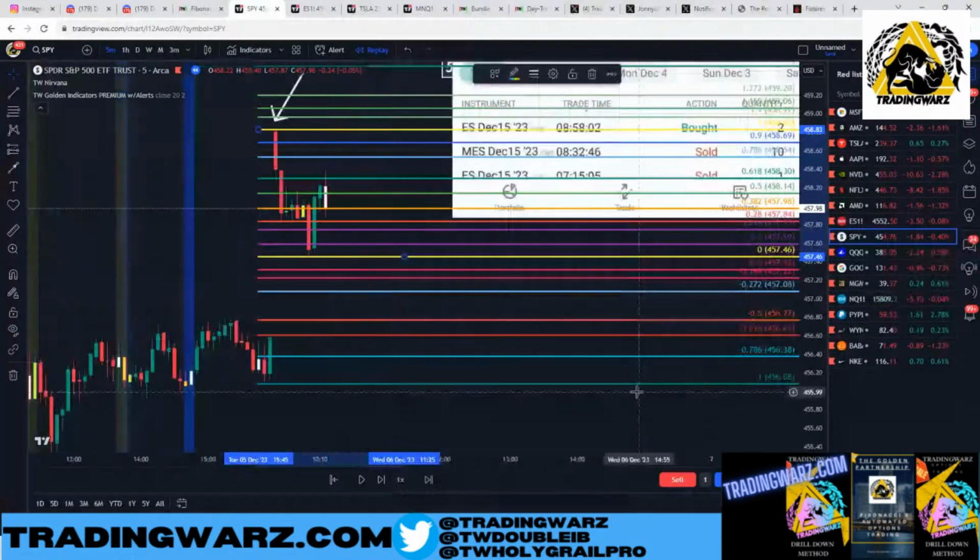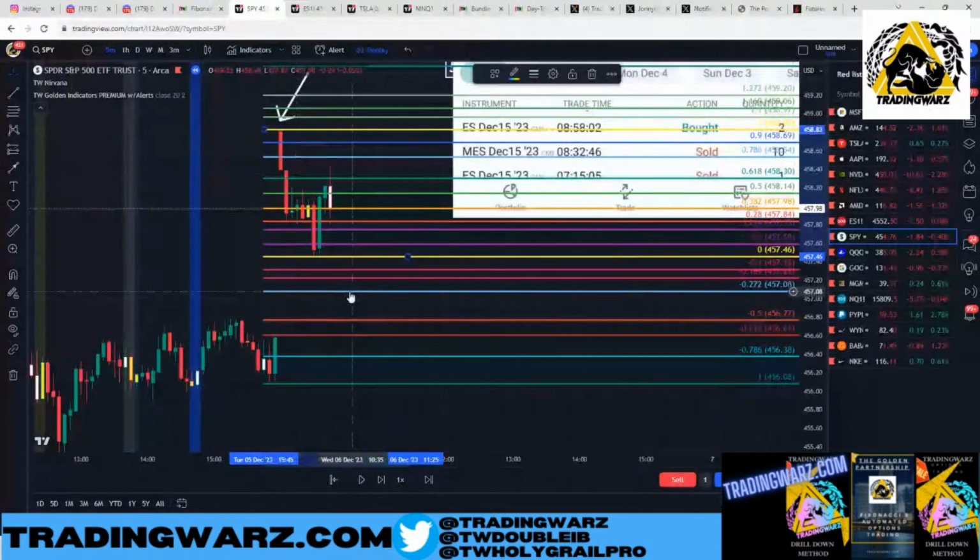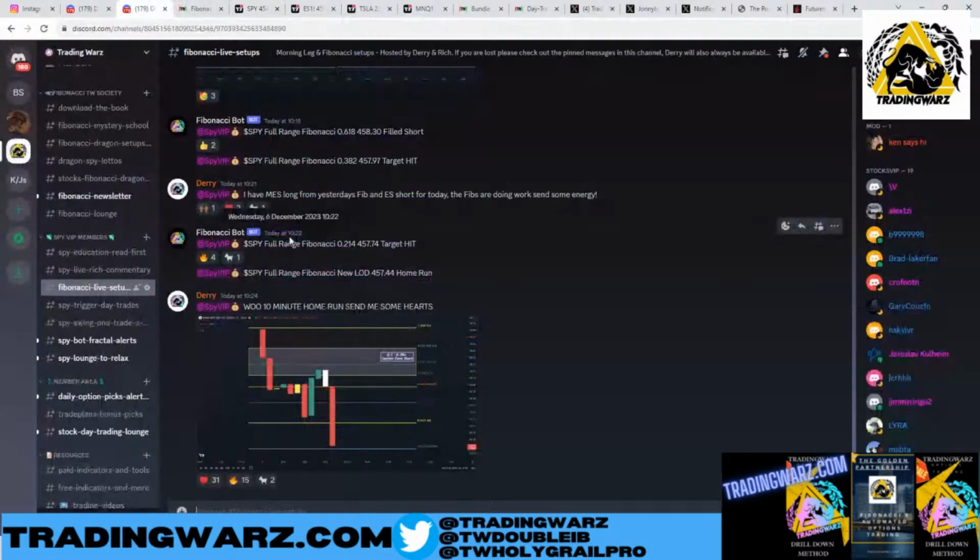Okay, so we'll extend these to the right. So I shorted here. My stop loss is here. I want to hit all of these lines. Okay. And then from here, you can see right here, guys, at 10:22, so within 7 minutes, we hit the first target. And then within a minute after that, so 10:23, we hit a home run.